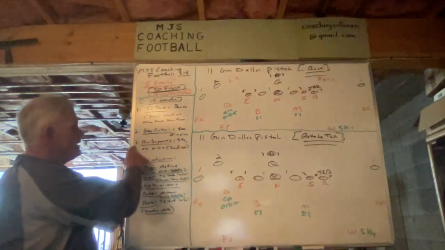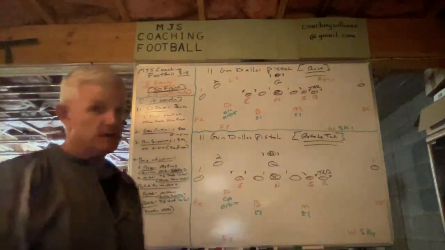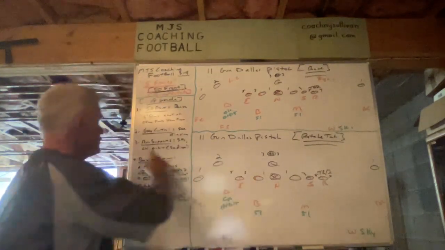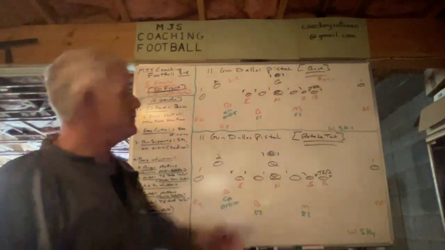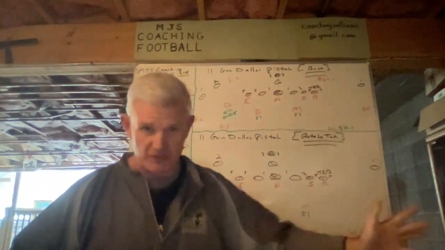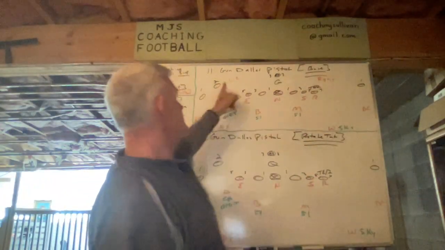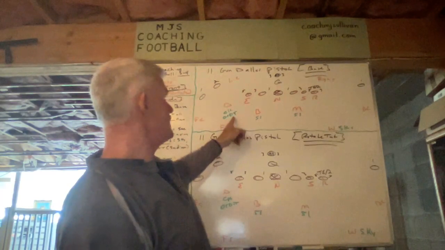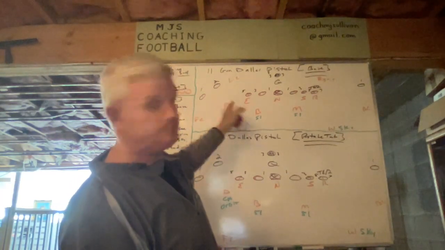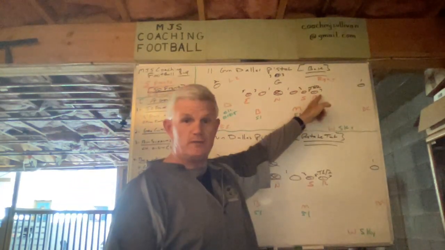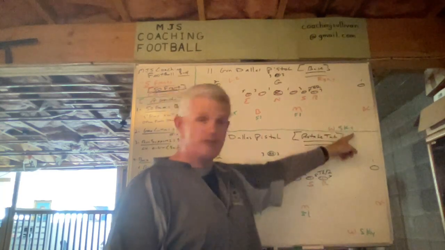Now, the number 3 term here, run supports, it's either sky or it's check orbit. So what does that mean? It's sky unless number 2 removes, then it checks to orbit, outside linebacker. If 2's in part of the formation in the box, it stays sky.